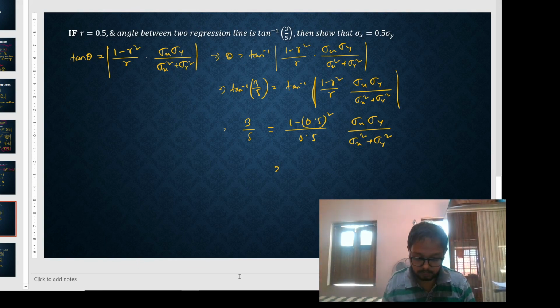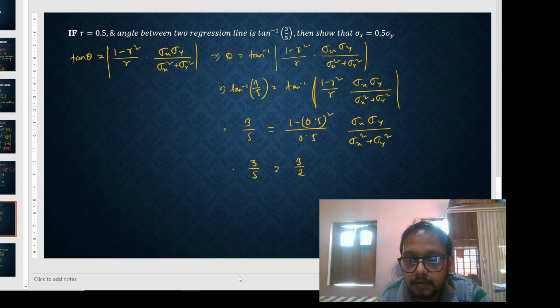If we simplify, here we will get 1.5, that means 3 by 2, into sigma x sigma y by sigma x square plus sigma y square, equal to 3 by 5.